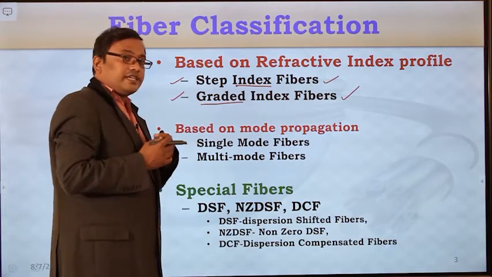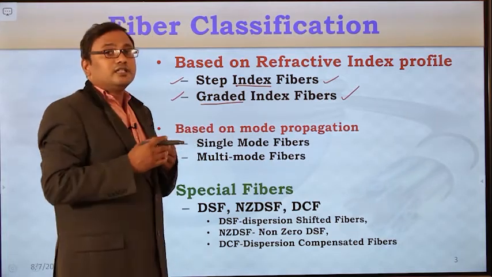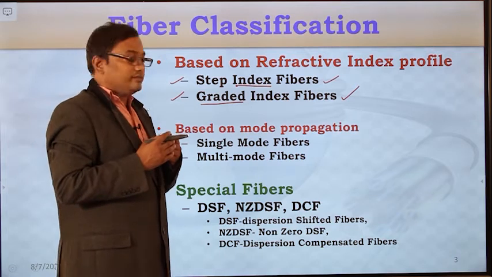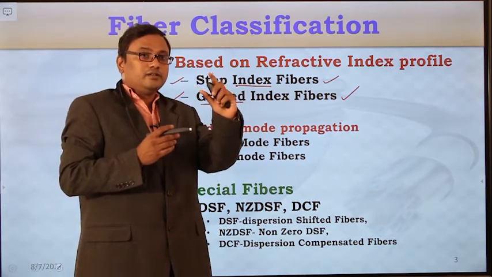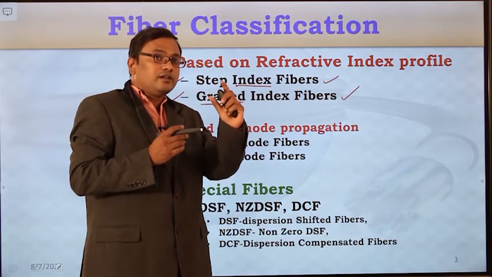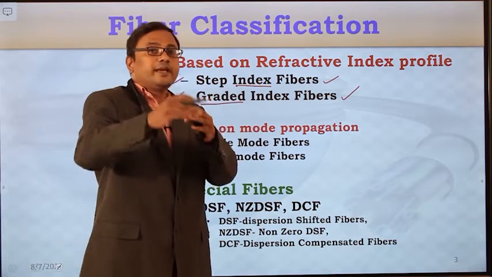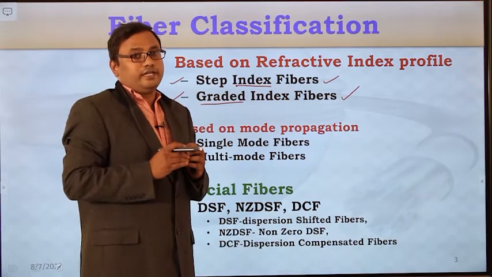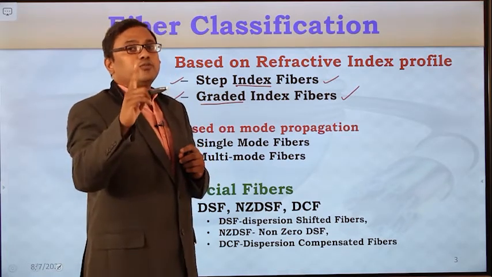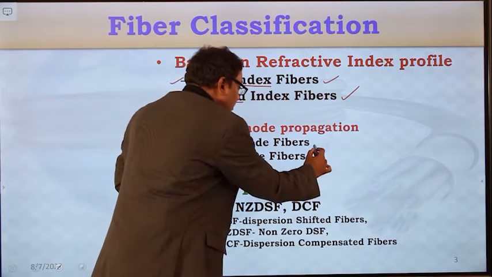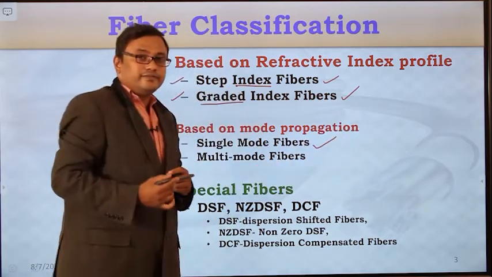And one more classification is based on the mode propagation. Suppose if you take one optical fiber cable, that particular optical fiber cable will allow certain number of light rays to propagate. If any fiber allows only one light mode to propagate, that is the single mode fiber.